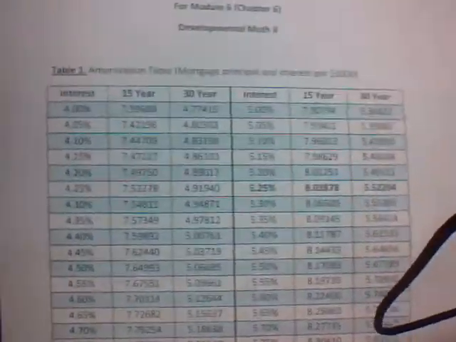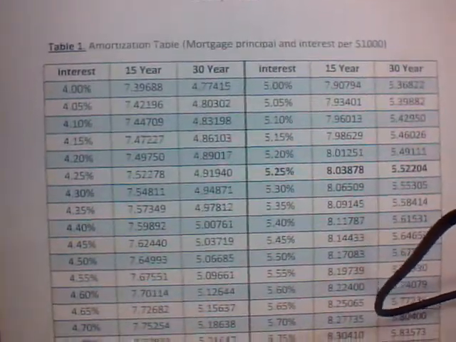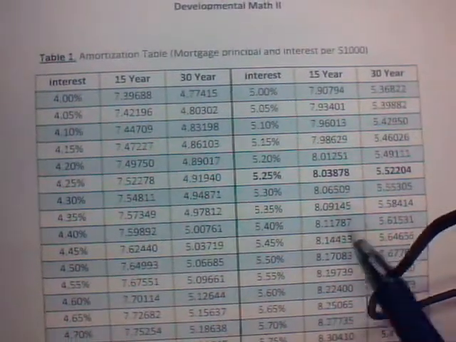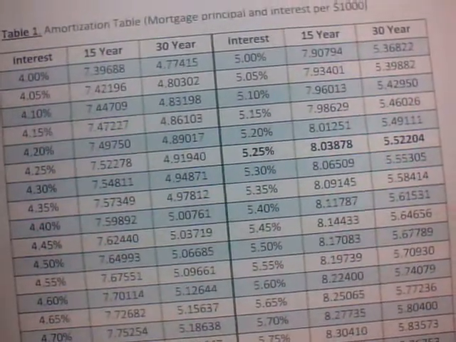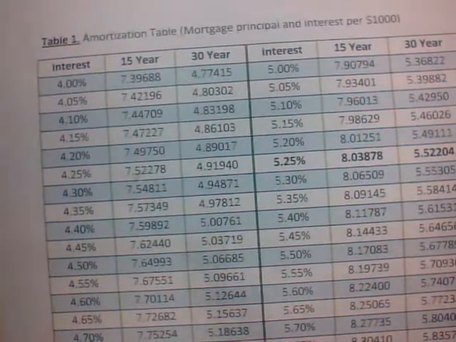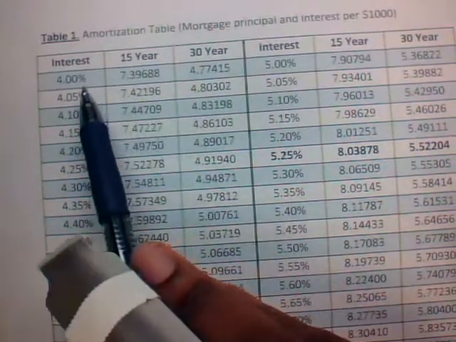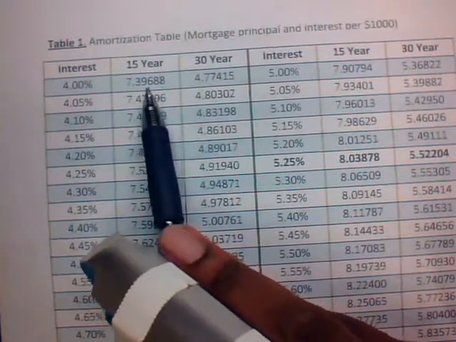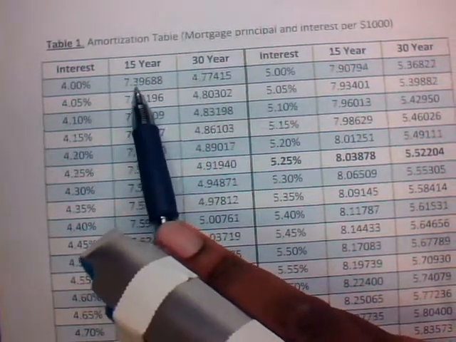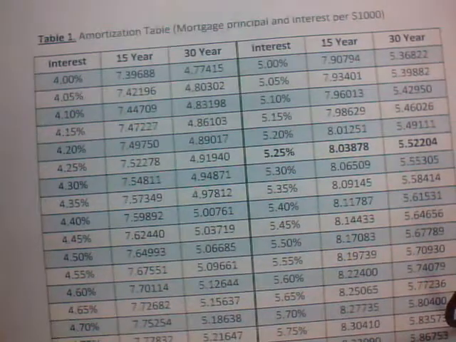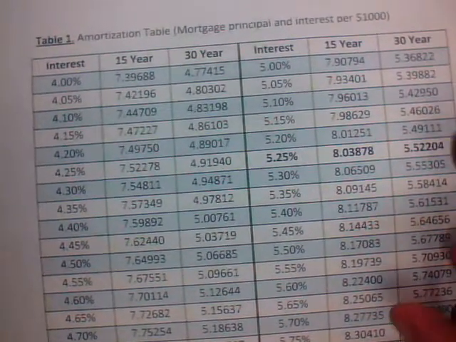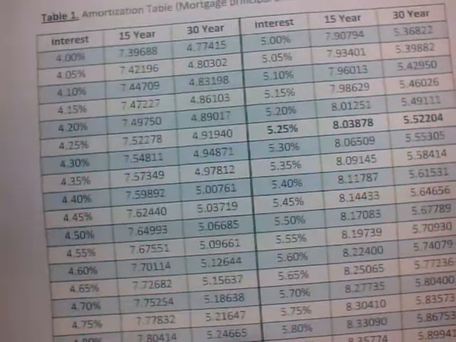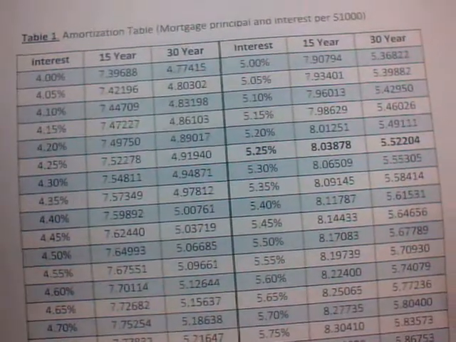As you can see, that's the amortization table for a mortgage, principal, and interest for every $1,000. So in this case, if you have a 15-year mortgage at 4.00%, the effective rate factor will be 7.39688. That's the number that you'll use to multiply by the amount per $1,000.